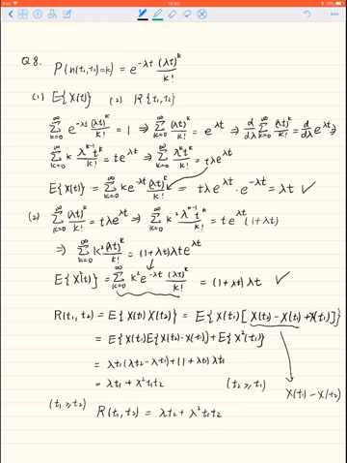In summary, we can draw a conclusion: R(t1, t2) equals lambda times the minimum of t1 and t2, plus lambda squared t1 t2. And that's the answer to question 8. Thank you.